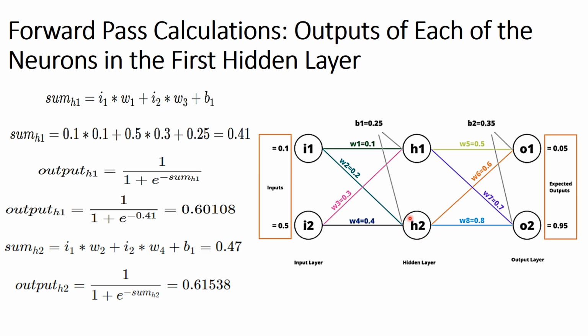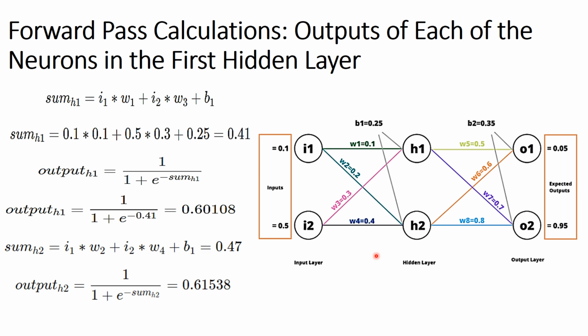النت انبوت، اللي هو النت انبوت هنحسبه كيف؟ هنضرب W2 في I1، وهنضرب كذلك W4 في I2، وهنضيف التحيز اللي هو هنا بيساوي B1.